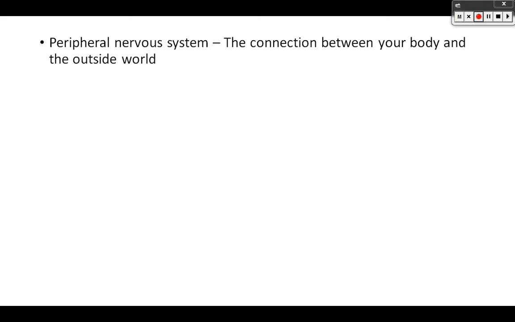And the peripheral nervous system is the connection between your body and the outside world. So it's what first responds to the outside world, whether that's touching something or even responding to something that you don't realize you're responding to. Like when you get hot and sweat, your body is responding to temperature without you even realizing that that's happening.